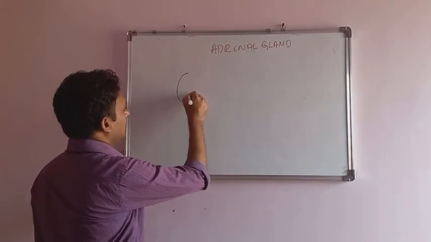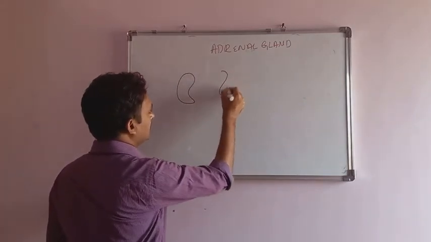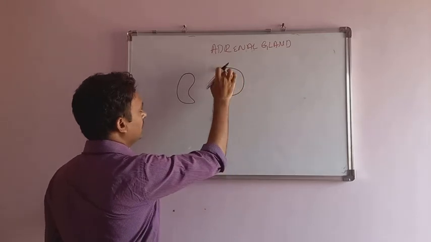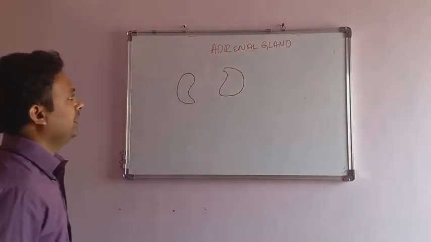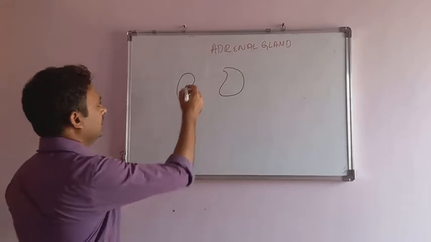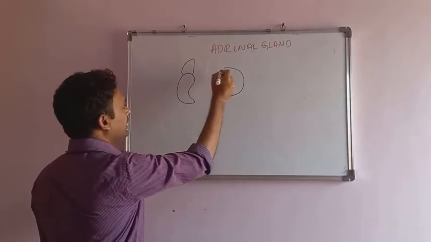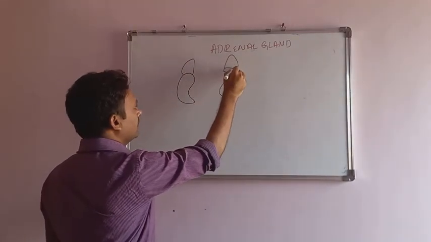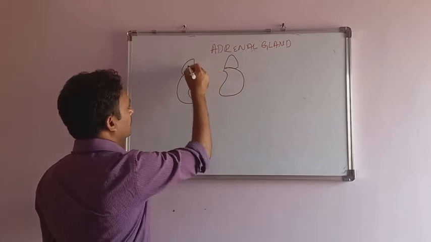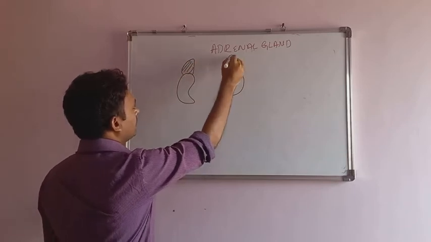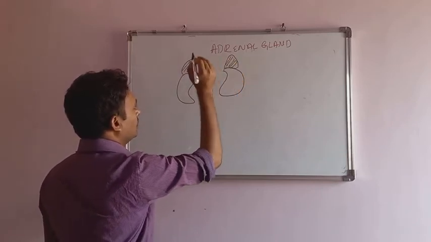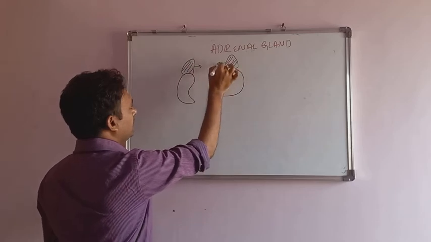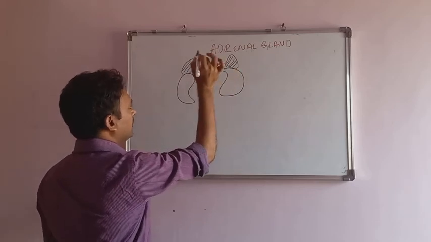First we see where the adrenal glands are located. Adrenal glands are located on both sides above the kidney. These are adrenal glands.